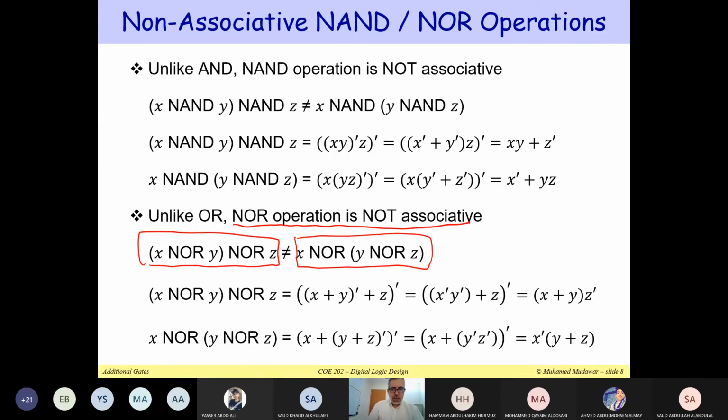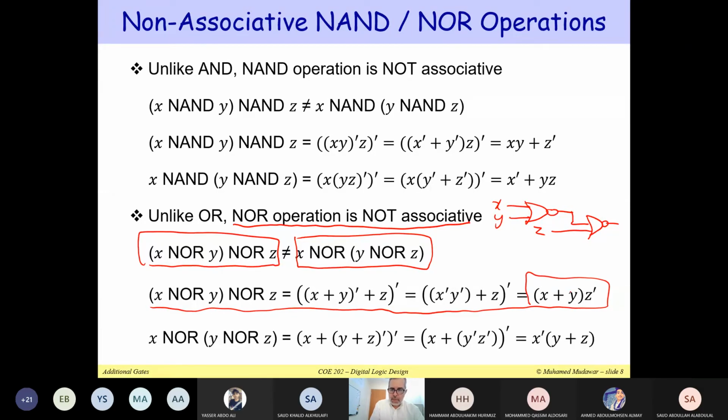So if I would like to draw two different circuits, this is the NOR gate, here X, Y. The output will be X NOR Y, and then NOR it with Z. If you apply the properties of Boolean algebra, you get the final output as (X or Y) ANDed with Z'. So this will be the output of the first circuit.